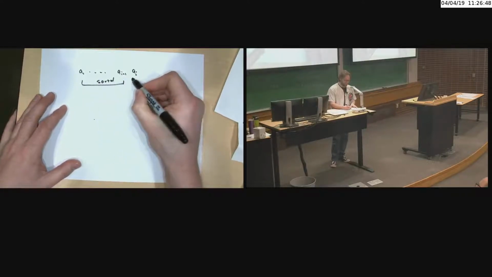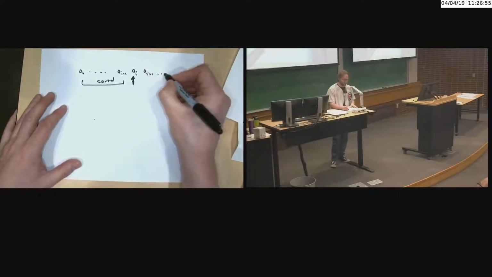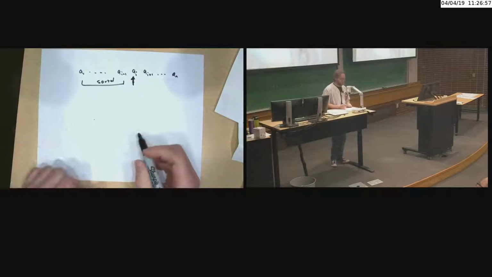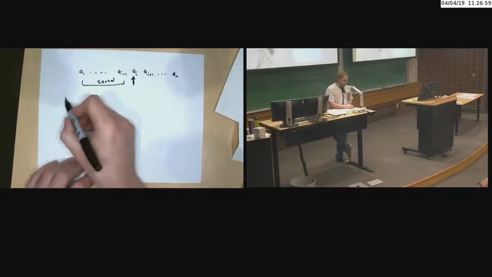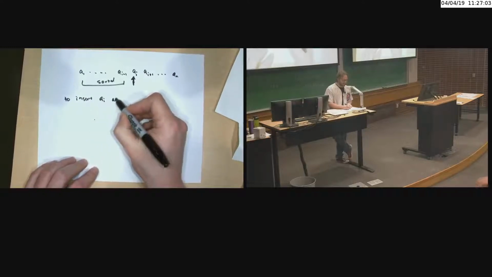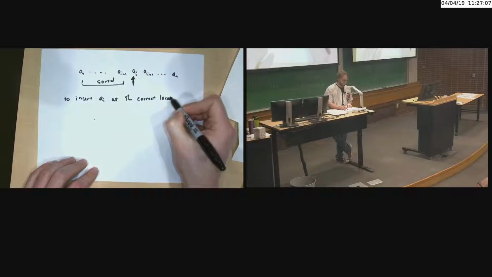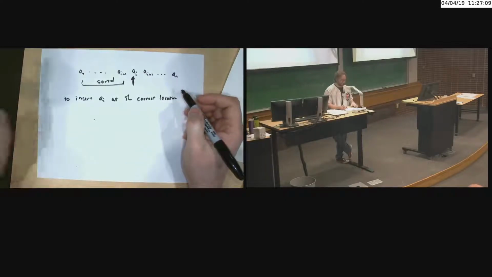This is the current one. I should have just drawn my arrow up that way. All right? And then the rest of them are unsorted, a sub I plus 1 dot dot dot a sub n. Right? So to insert a sub I at the correct location, let's just look at one iteration of this.